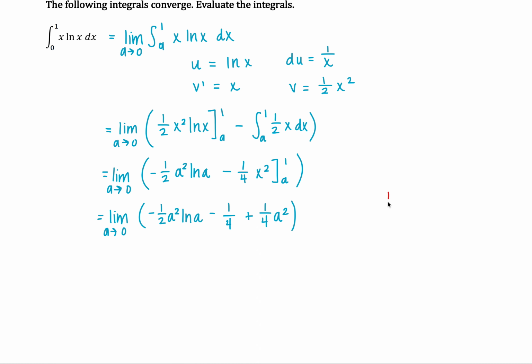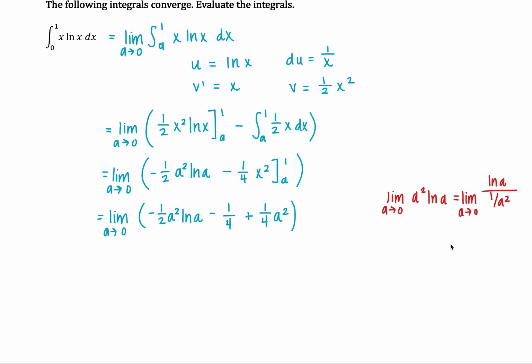So if we're looking at the limit as a goes to 0 of a squared times the natural log of a, well, I could rewrite this as the limit as a goes to 0 of the natural log of a over 1 over a squared. And again, algebraically, these are both the same, just rewriting it to create a fraction. L'Hopital's rule says that I can differentiate the numerator and differentiate the denominator.